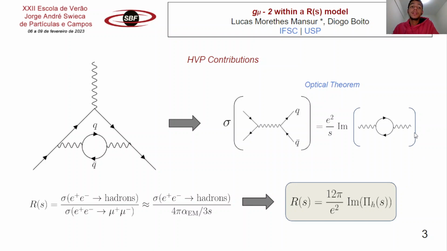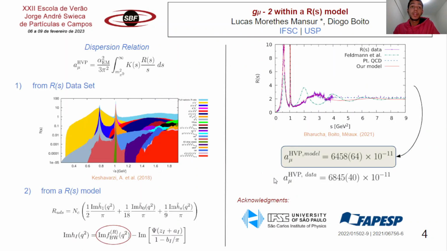R(s) is basically the function related to the electron-positron to hadrons cross sections. So writing this photon propagator using R(s) functions, we can use a dispersive relation to compute the hadronic vacuum polarization contributions to muon g-2.